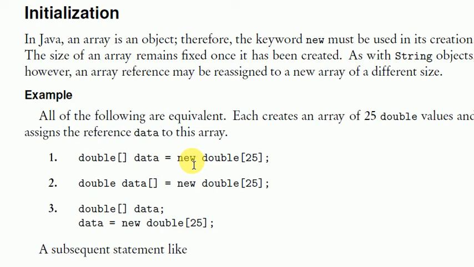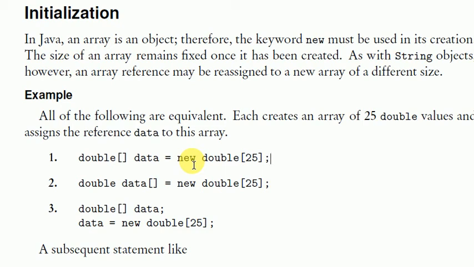If your array is a Boolean data type, then all the memory blocks will have a false value, and if it is string, then they will have null values. It means they are just created, but they don't have any value. So they are basically initialized with zeros.